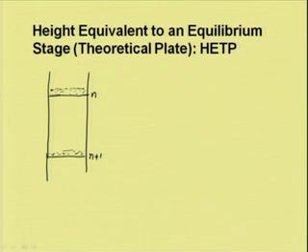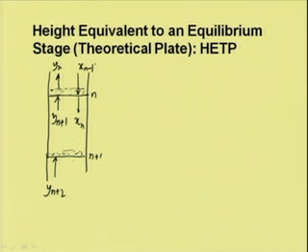The liquid which is entering the nth plate is x n minus 1, and the gas which is coming out from this tray is y n, and the liquid which is coming out from this tray towards the bottom is x n, and the gas which is entering this plate is y n plus 1, and the gas which is coming to the n plus 1 stage is y n plus 2, and the liquid which is coming out from this is x n plus 1.